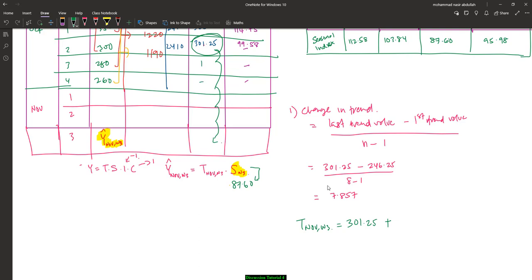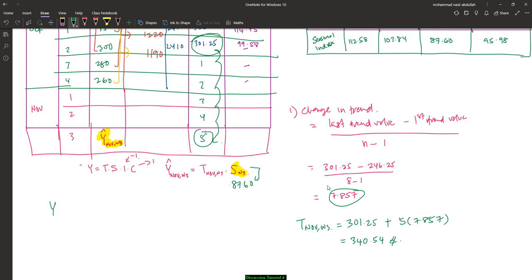So we have 1, 2, 3, 4, 5 steps. So we add 5 multiply with the change in trend, which is 7.857. So this one will be 340.54. Right, so this is not the value that we want here.